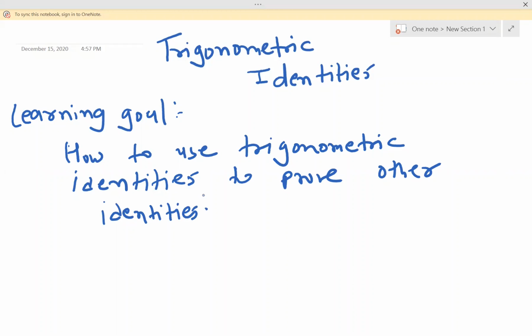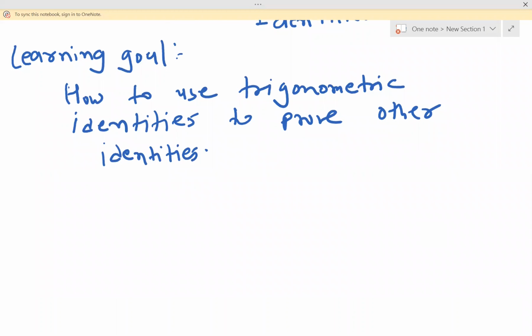Okay, this is our learning goal today. At the end of the class, you will learn to use basic trigonometric identities to prove an identity from one side. So the practical application is using trigonometric identities to prove other identities. That is my learning goal today.